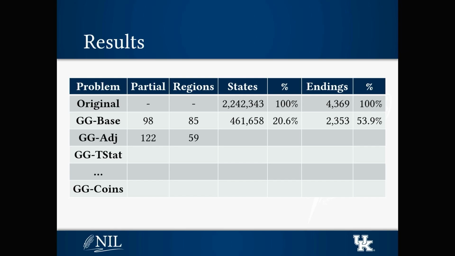The GG adjacent entry here is basically the scaled up version of what I showed you in the example. The number of partial states jumps up since each position Tom can stand gets represented directly, and it jumps up quite a bit, but the count of regions drops quite a bit too, since the rest of the problem only checks who he's standing next to. This is basically the ideal case.